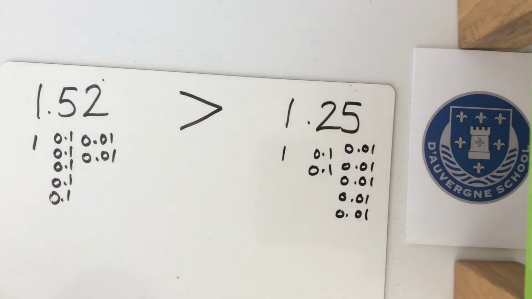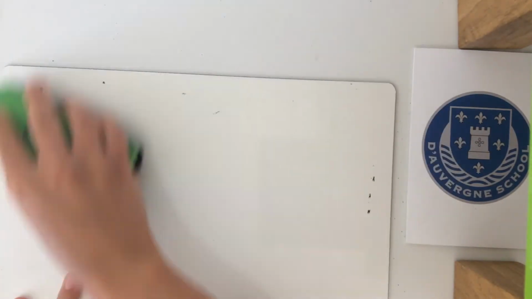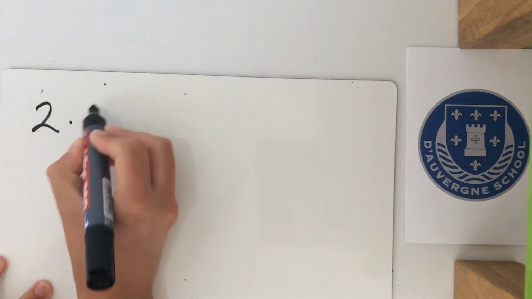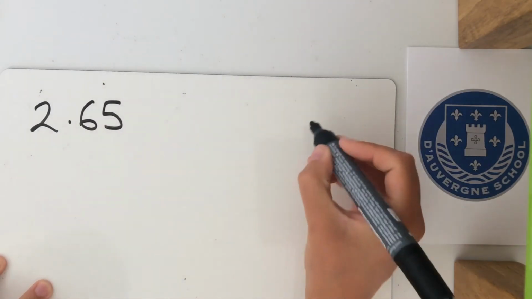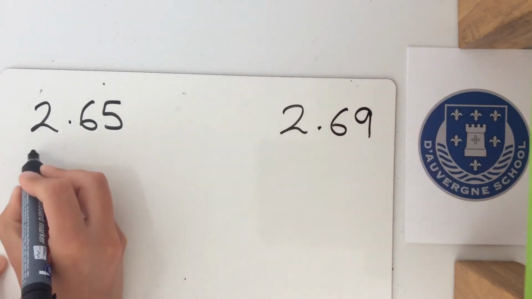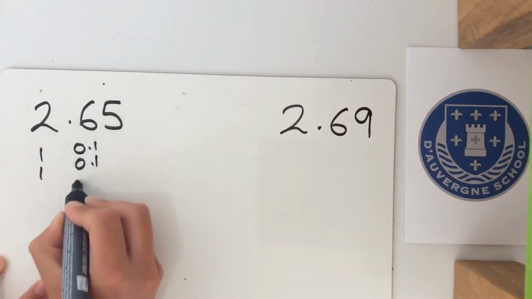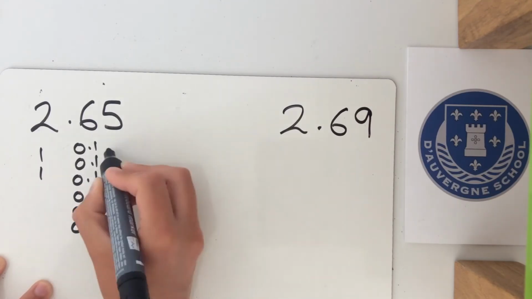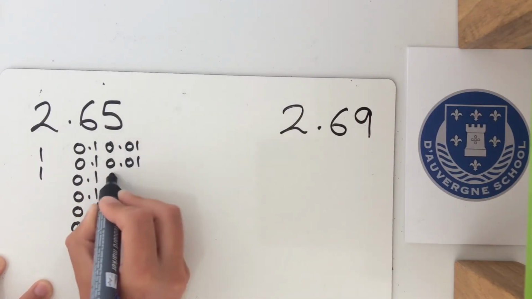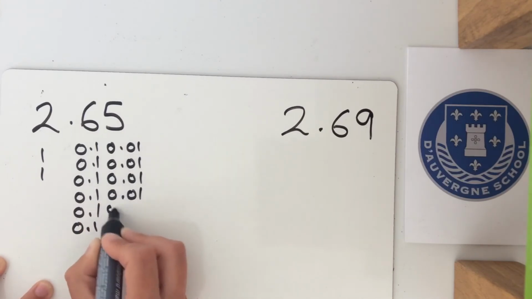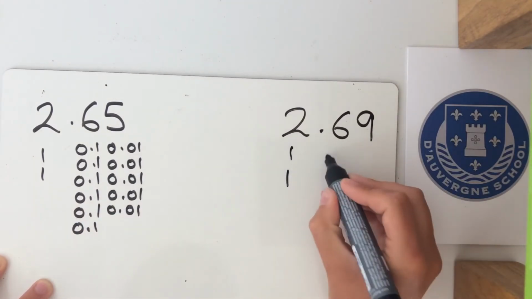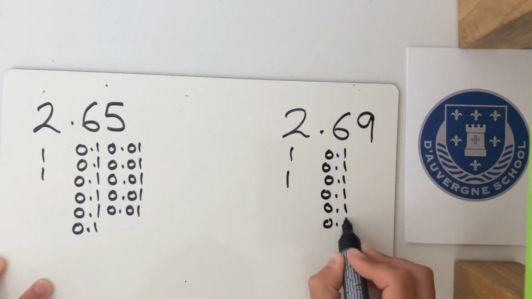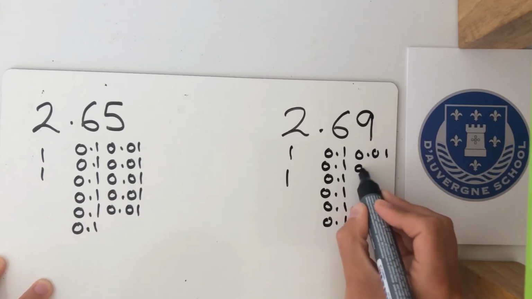Okay, so let's see what we found. We've got 2.65 and 2.69. So we've got 2 ones, 6 tenths, and 5 hundredths, and we've got 2 ones, 6 tenths, and 9 hundredths.